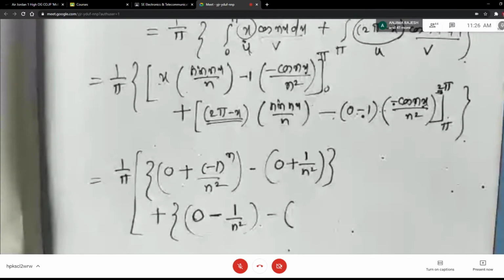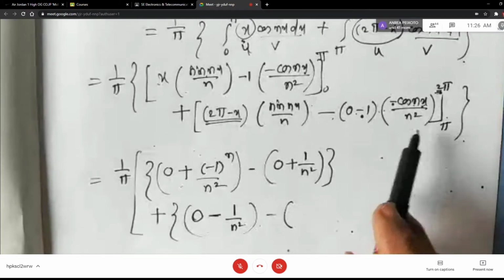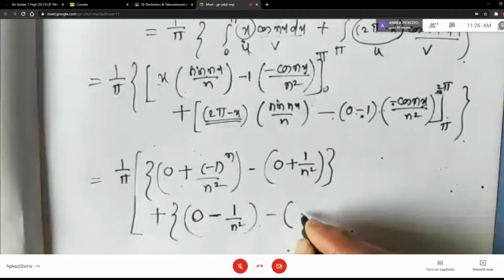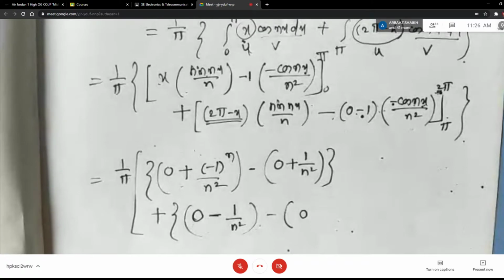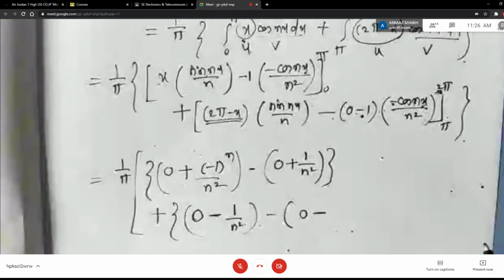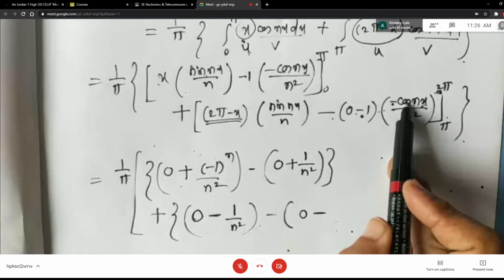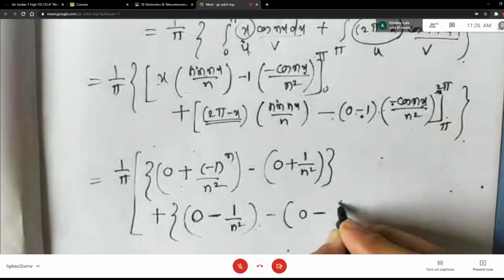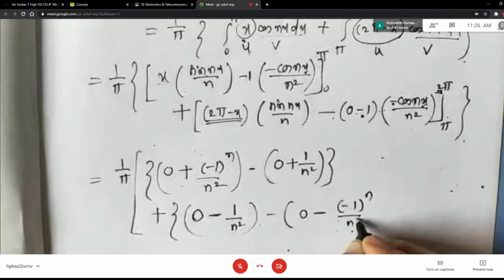Okay. Lower limit is pi, students. But sine of n pi is 0. So it is 0. Now here what happens? There are 3 minus signs. So as I said, the minus sign will reflect. And what is cos of n pi? Cos of n pi is minus 1 raised to n upon n square.